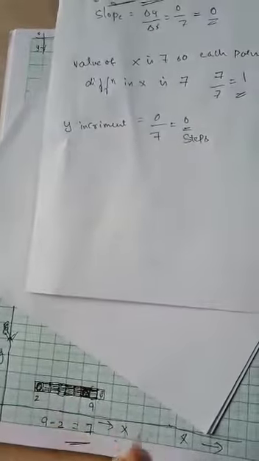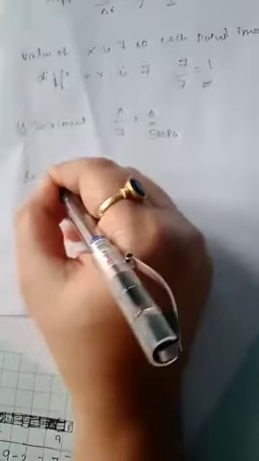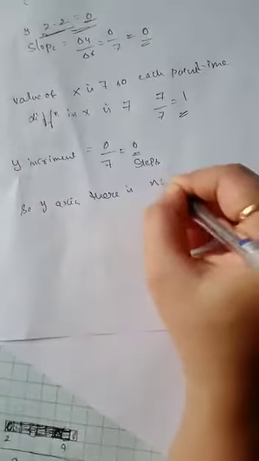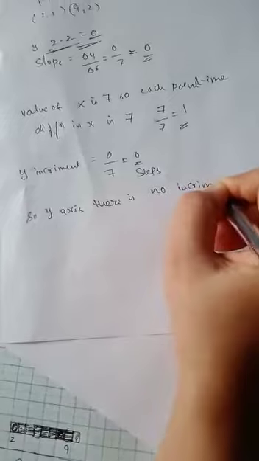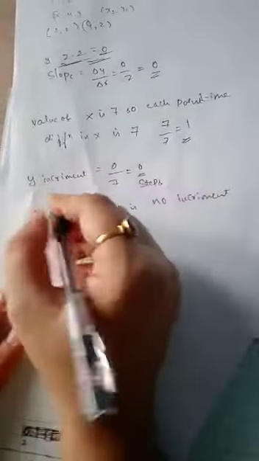Now in the y axis there is no increment; it is not going upwards, it is just moving in the horizontal way. So in the x axis it is moving, and the line we are getting is a horizontal line. We can do the vertical line also. So the y increment will be 0.